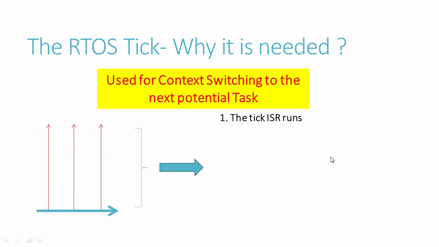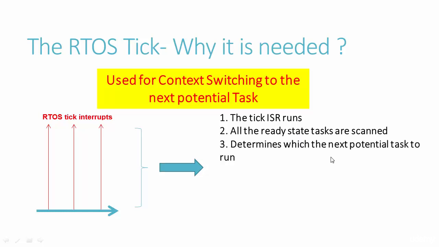Whenever the RTOS tick interrupt happens, the tick ISR runs. In the tick ISR, all the ready state tasks are scanned to check which has the highest priority, and it determines which is the next potential task to run on the CPU. If any potential task is found, the RTOS tick ISR will then trigger the context switching handler.